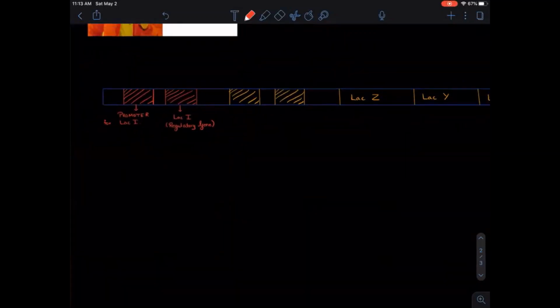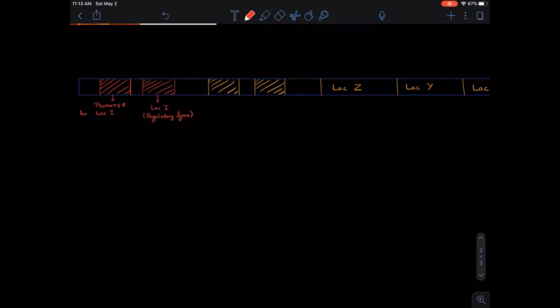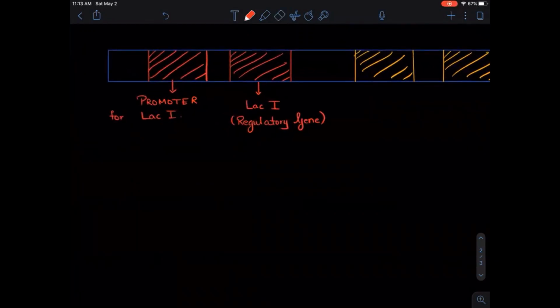So now imagine this is a sequence of DNA, which is the Lac Operon. There is a Lac-I gene, which is known as the regulatory gene, which is transcribed continuously. Like every other gene, it needs a promoter to enable transcription.